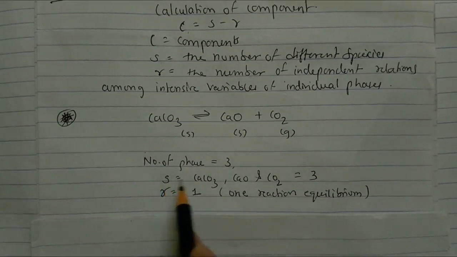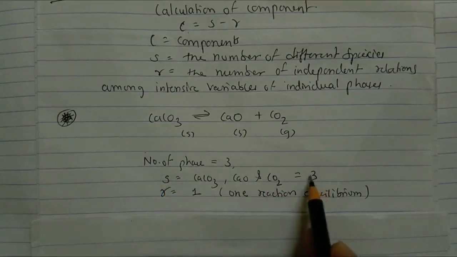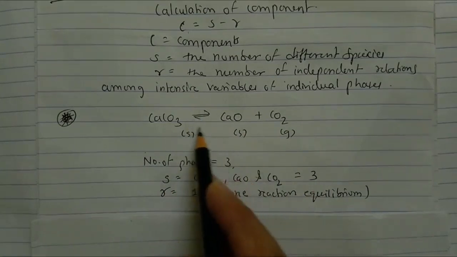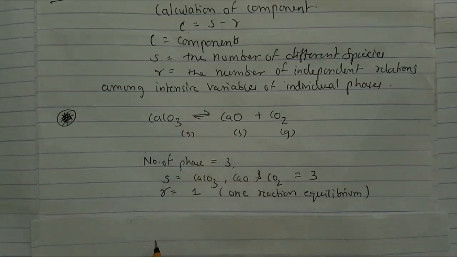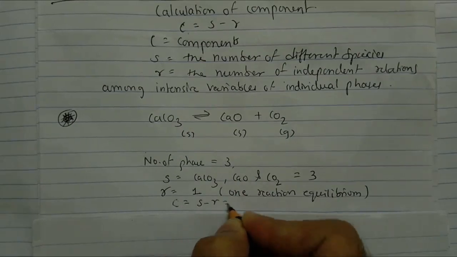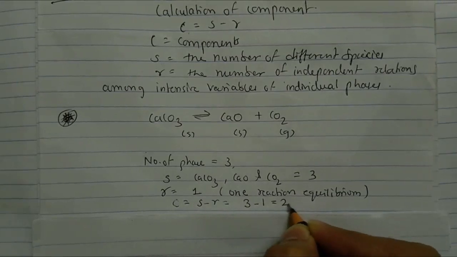So S is equal to CaCO3, calcium oxide, carbon dioxide, that is 3. R is equal to 1, only one reaction equilibrium between them. So if you put the formula, C is equal to S minus R, it will be 3 minus 1 is equal to 2.